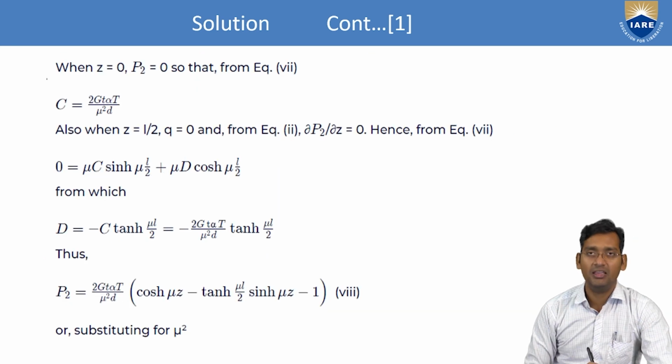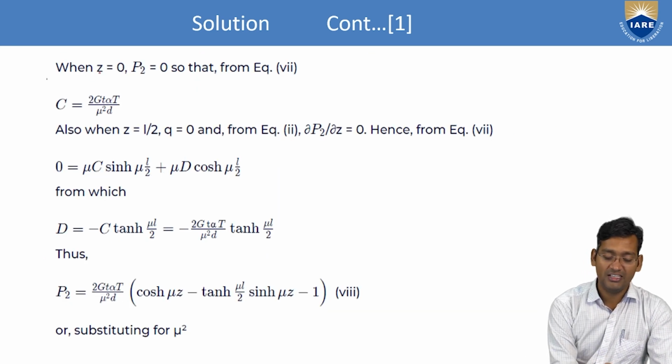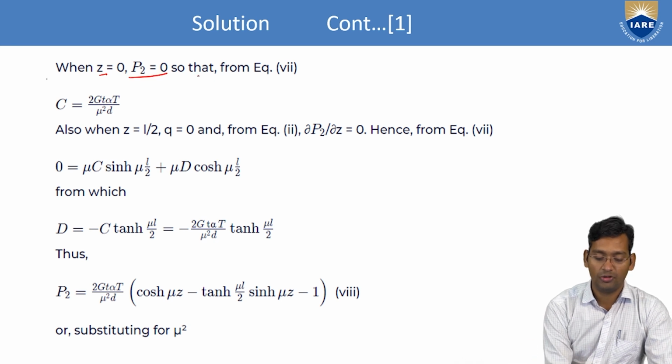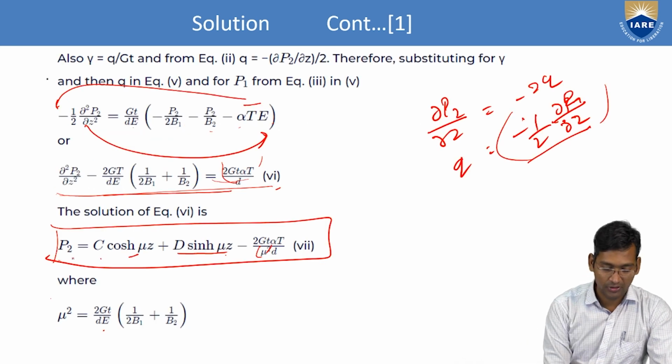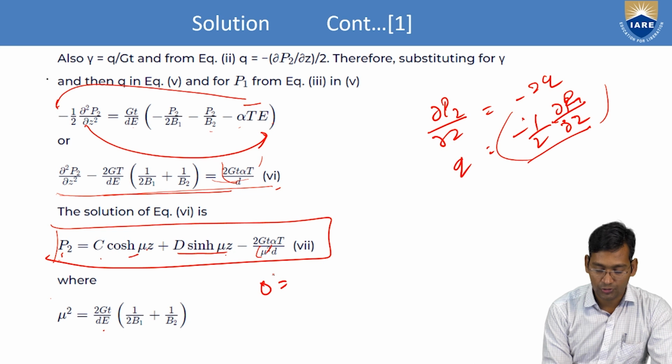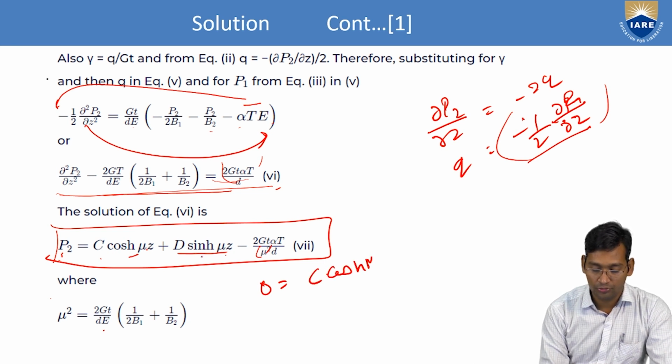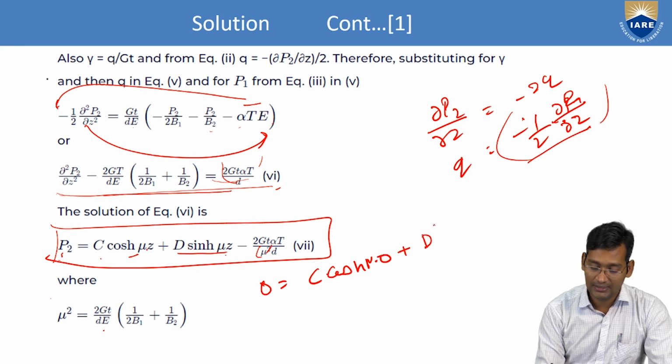So now just apply the boundary condition. When z is 0, p2 is 0. So from equation 7, just put here, when z is 0, p2 is 0. So 0 equals c cosh mu into 0 plus d sinh mu into 0 minus 2 gt alpha t by mu square d.